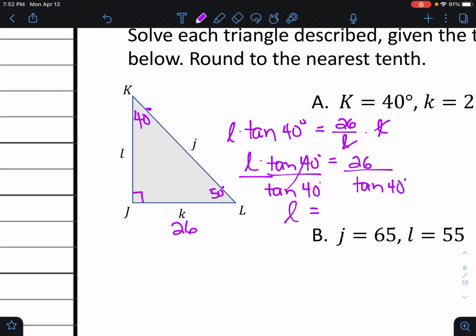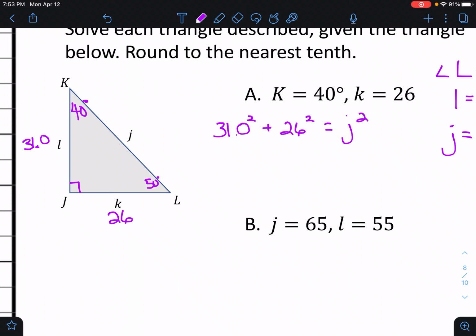I think I'm going to try that instead. So here I would say a squared, which in this case would be 31.0 squared, plus 26 squared gives me J squared. Then I'm just going to go figure out what that is.